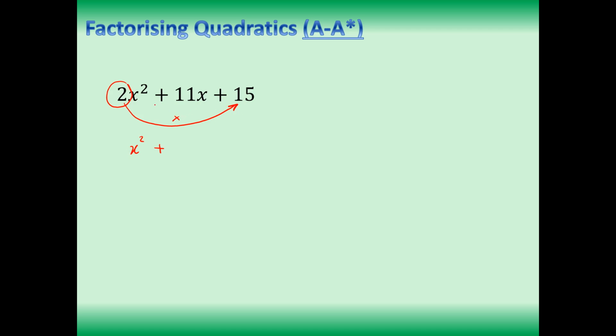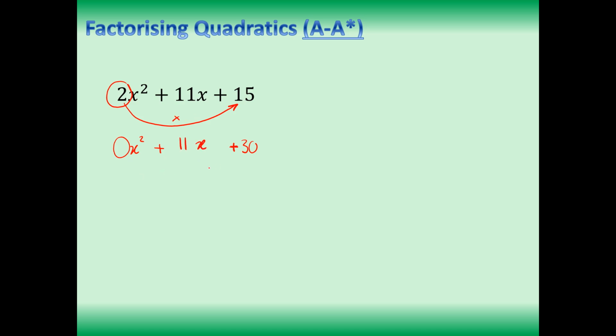Multiplying 2 by 15 will give us plus 30 at the end. We change the question to x squared plus 11x plus 30. So I remove that 2 now, but I leave the 11x as it is.